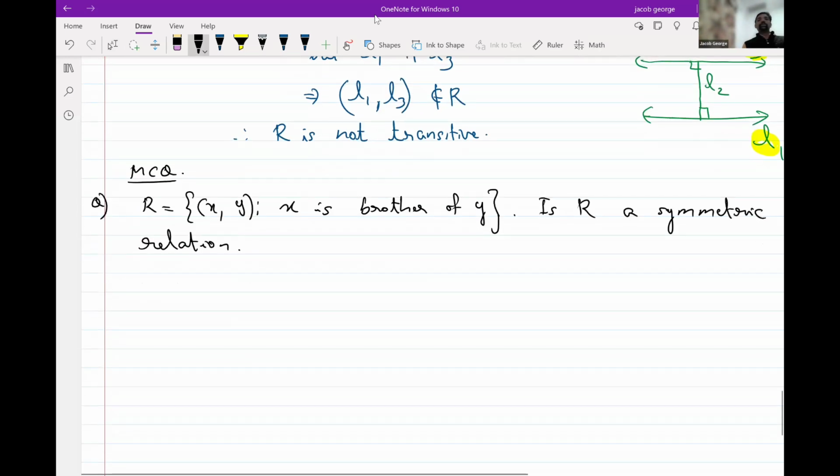R is equal to the set of all (X, Y) such that X is brother of Y. Is R a symmetric relation?